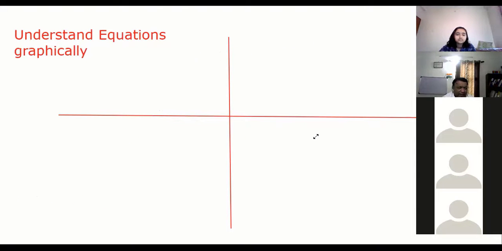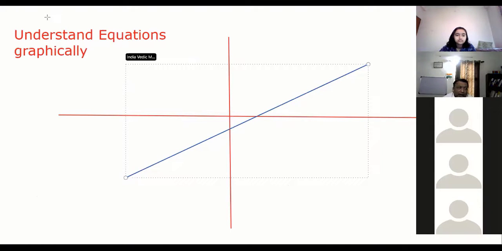For example, if I have one linear polynomial and it is like this, at how many points is it cutting the x-axis, Slesha? One, sir. At only 1 point? It means it will have one solution. If it is cutting at 1 point on the x-axis, one solution.